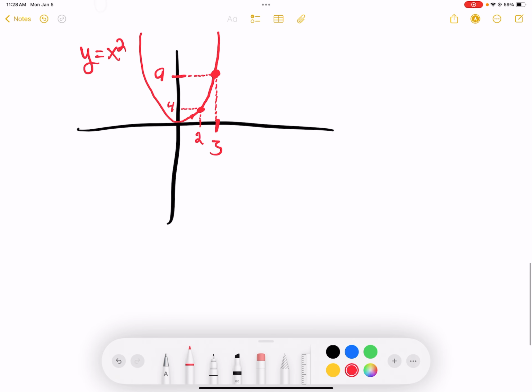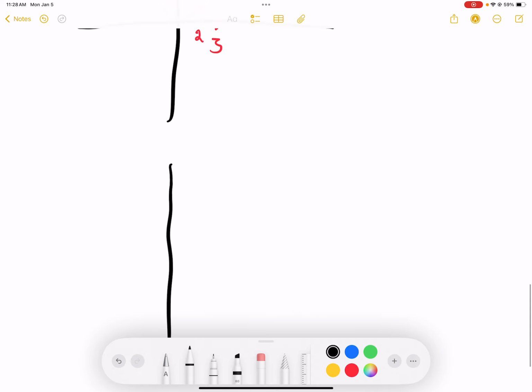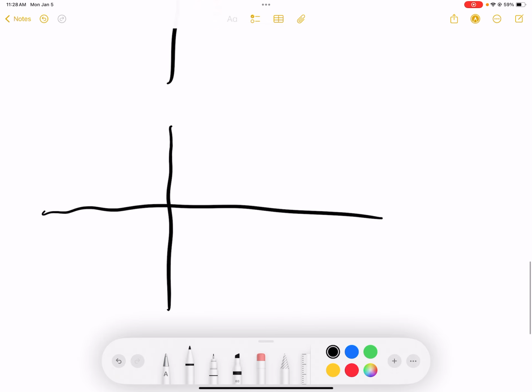Let me show you a non-example of a function. How would that look graphically if you graph a mathematical relationship that's not actually a function? So let's say the graph looks like this. It looks like a parabola, but instead of it being vertical, it's horizontal. Let's pick an x value. Let's say x equals 3 or something. There are two y values for this x value. There's this one, and then there's this one below.